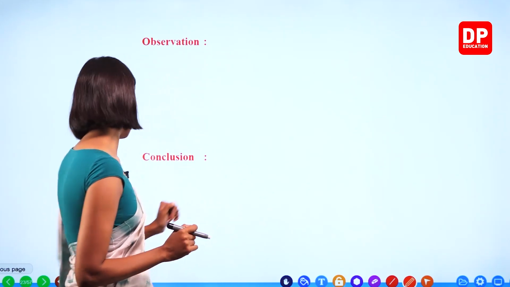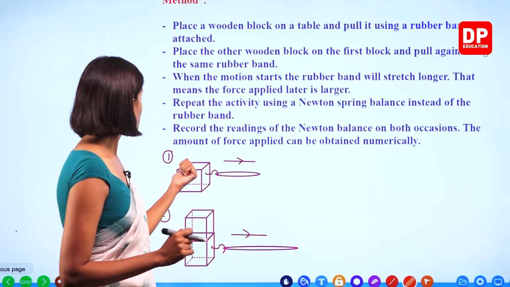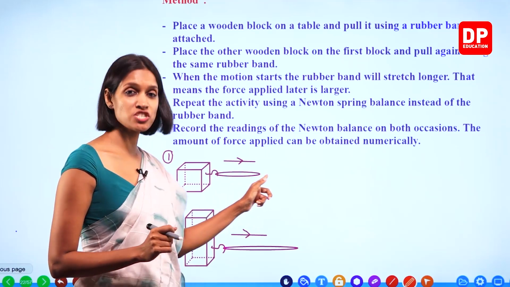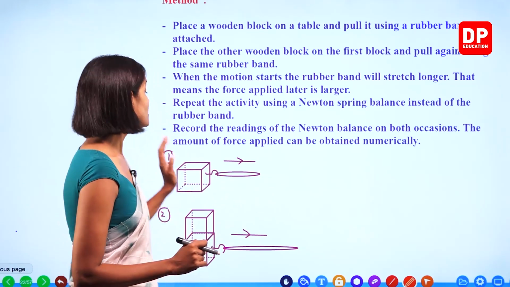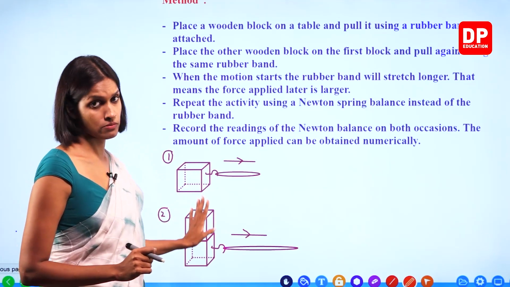Right, children? So you all observe what happened here. In the first instance, we tried to pull one wooden block with a rubber band. You could see the rubber band stretches when we pull, right? In the second instance, we used two wooden blocks, okay?